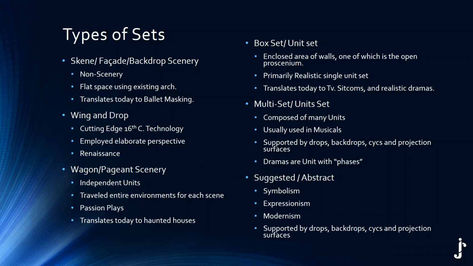And it translates a lot today to what we call ballet masking, which is often used for dance shows or shows which have very little need for scenery and a lot of need for movement. The ballet masking is the idea of the black masking being cut to basically the proscenium line and just straight masking that will hide the wings but not take away a lot of stage space, creating a big open square, and a cyc or backdrop in the back in order to light a good distance scenery.